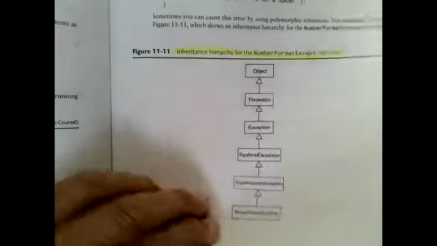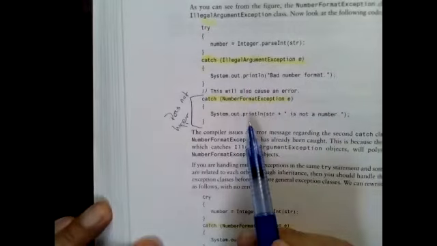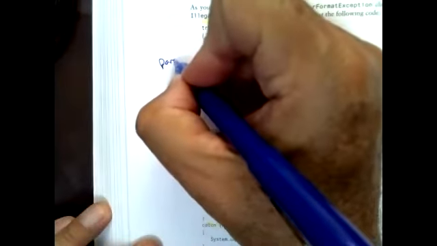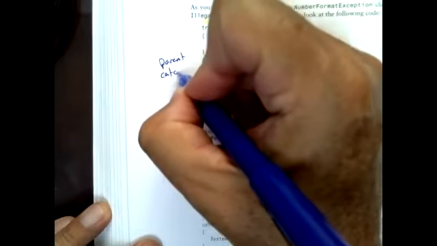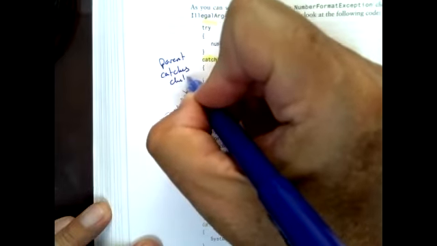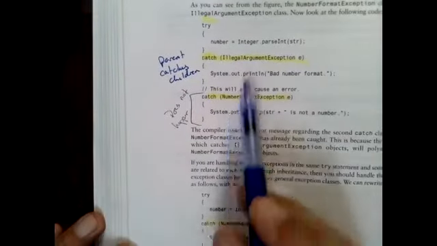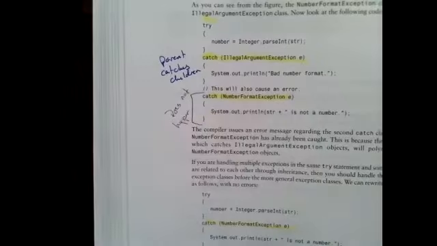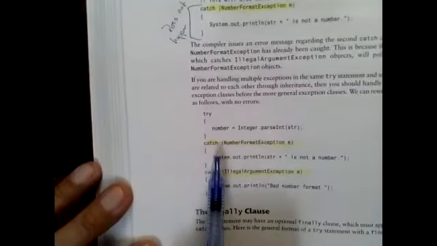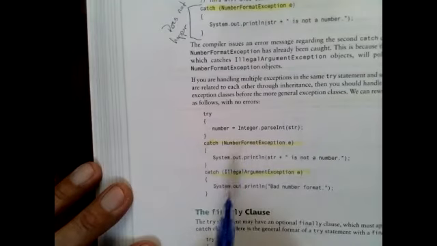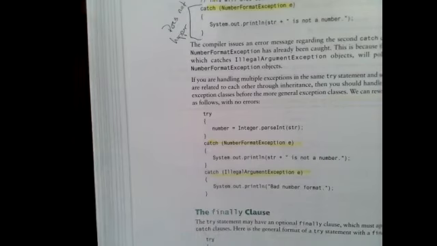So illegal argument is a parent to this. This parent catches children. This being a child, it's never going to happen because this one catches it. Down here, I list the child first. So if it's specific to number format exception, it'll hit this. If not, then it'll keep looking. Okay, so it won't crash.